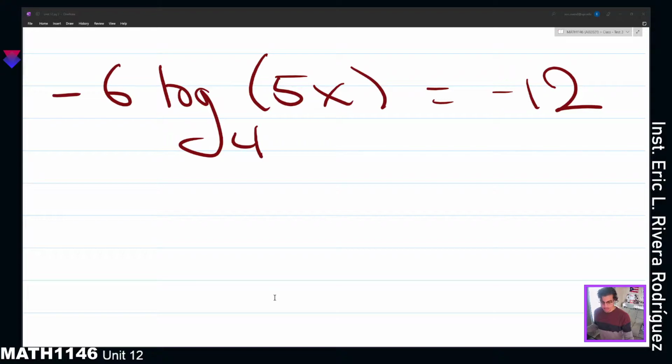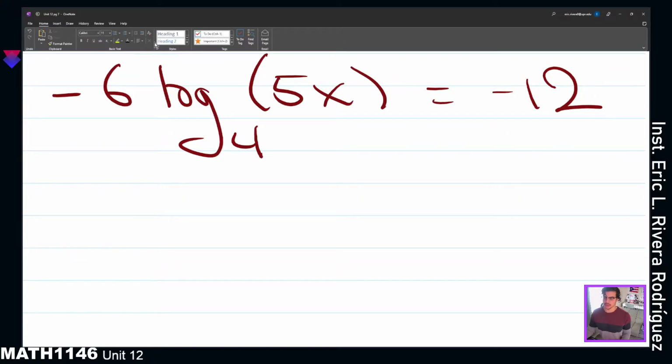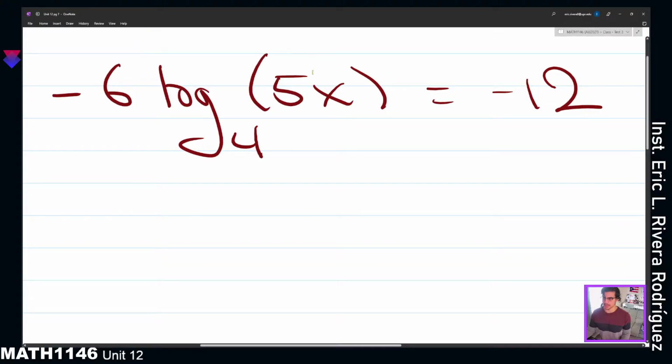Okay, what would you want to do here first? Our goal is to reach x so we can get its value, or find its value.